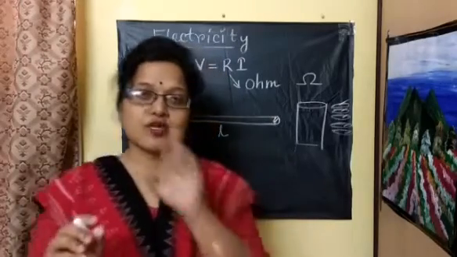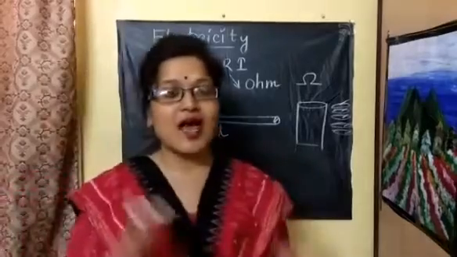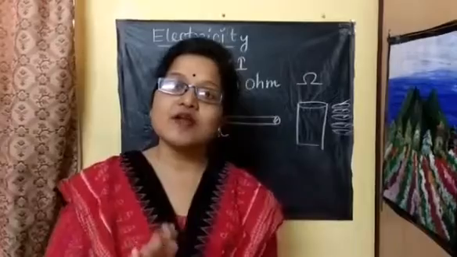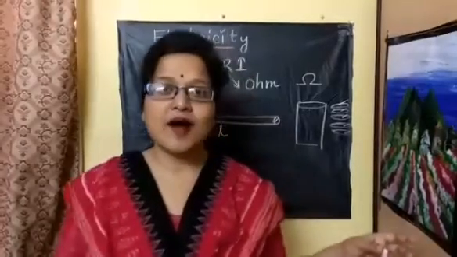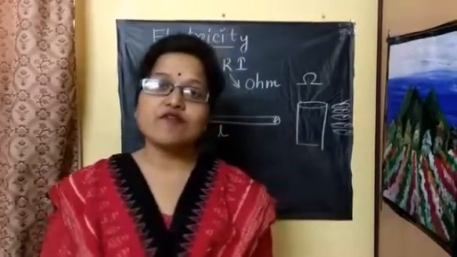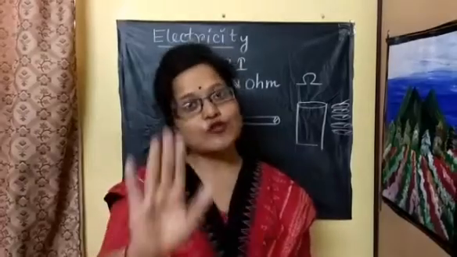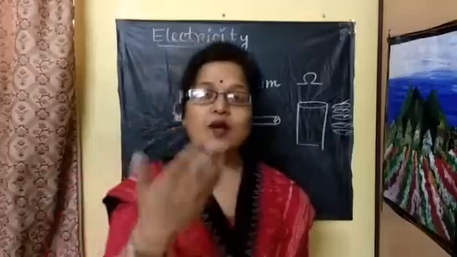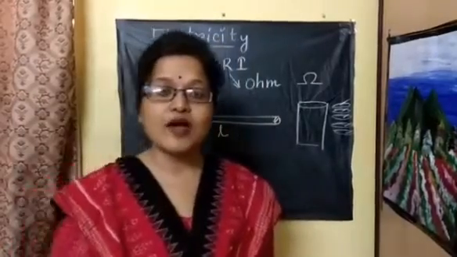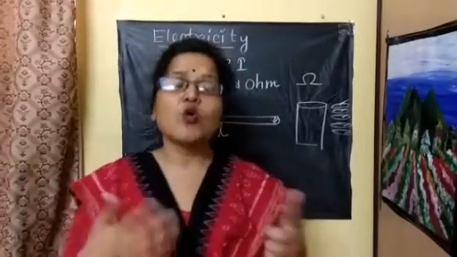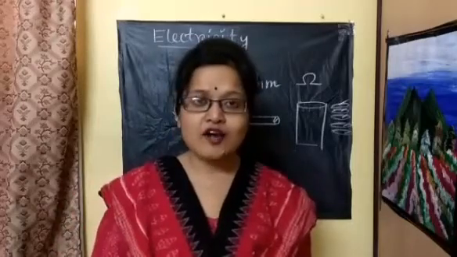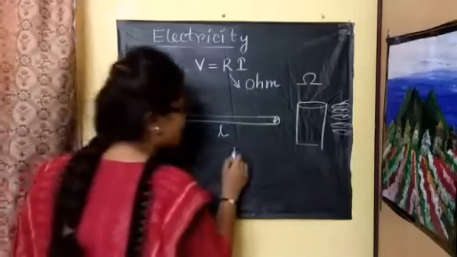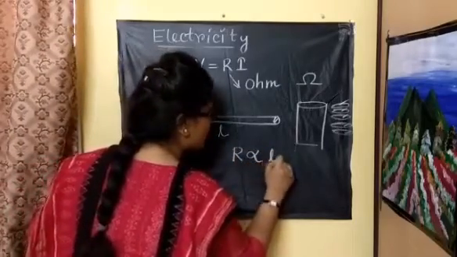So when one electron passes through 1 meter and the same electron passes through 100 meter, what will happen? Each and every particle or atom gives an opposing force, so the opposing force provided by 100 meter is huge in comparison to 1 meter. Obviously more the length, more is the resistance, means R is directly proportional to L.